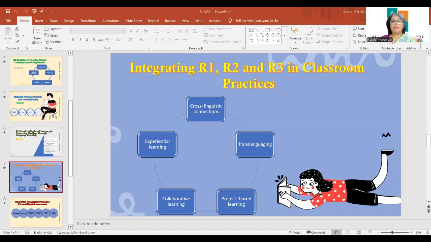Now, collaborative learning. So, learning develops through interaction. I believe you all will agree to it, dear educators. So, group discussions, debates, peer teaching, and collaborative tasks. It helps to provide meaningful opportunities for communication. Now, we can also do mixed language groups. We can create.